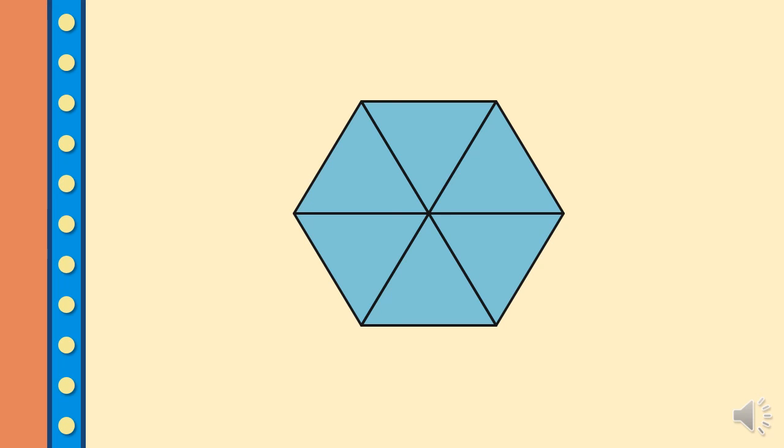You can do that with other shapes as well. So in previous lessons, we talked about a hexagon having 6 sides and 6 angles, 6 vertices. We also recognize that a hexagon has 6 equal parts if it's divided properly, and each part looks like a triangle.